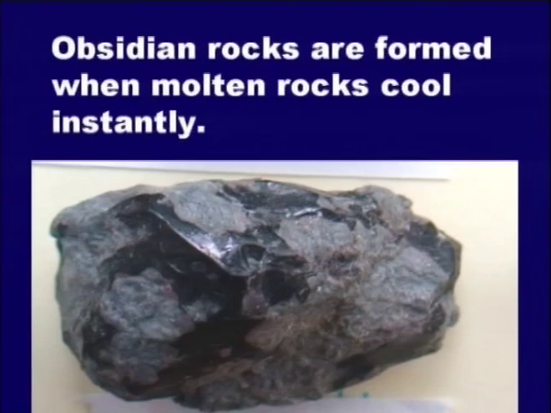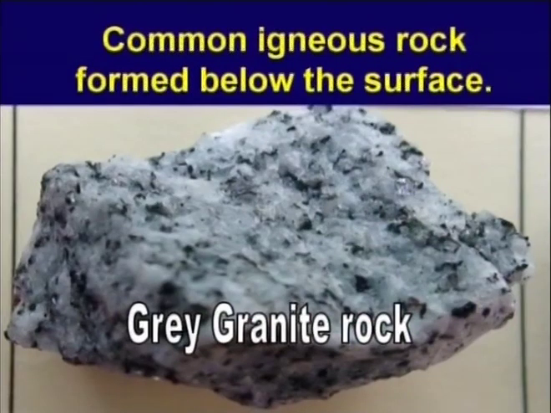In the diagram that you have seen earlier, where the magma, the molten rock, is, that is where we have some rocks which are called granite. And we have two types. The first picture shows gray granite rock. And granite rocks are formed when molten rocks cool and harden slowly below the surface.